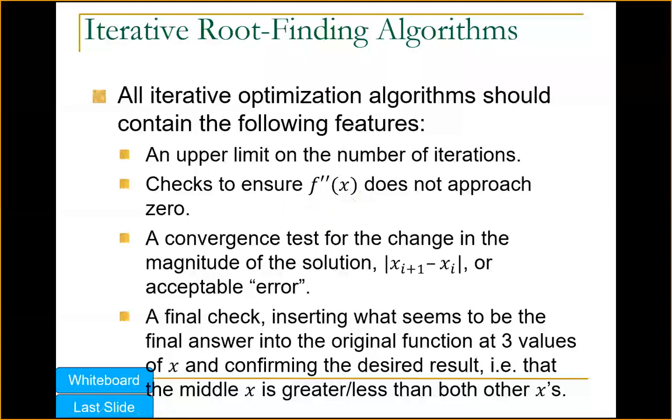Now in this case, where we're doing optimization or finding the minimum or maximum for nonlinear systems, you don't check for the function's first derivative going to 0, you especially check for the second derivative going to 0. In that case, it means that the minimum or maximum that you find is really not true.